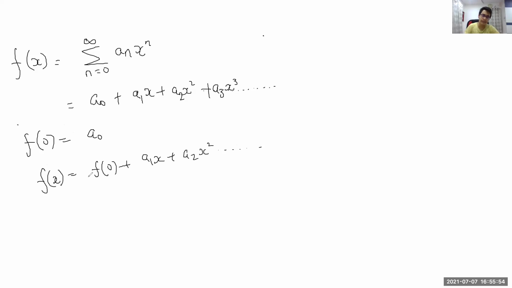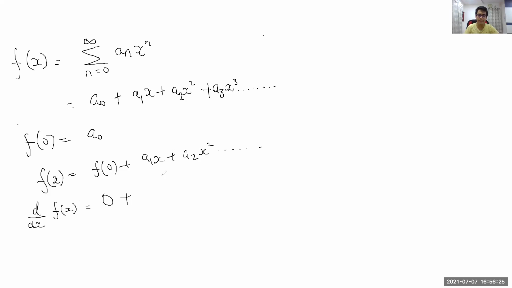Alright, now I'm going to find a1. Note again, if you put x equal to 0, we just get f of 0 again. So that's not really going to work. So now we're going to employ calculus to help us. We're going to differentiate f of x once. If I differentiate f of x once, I get the derivative of f of x with respect to x. Now note that f of 0 is a constant, so its derivative with respect to x will just be 0, right?